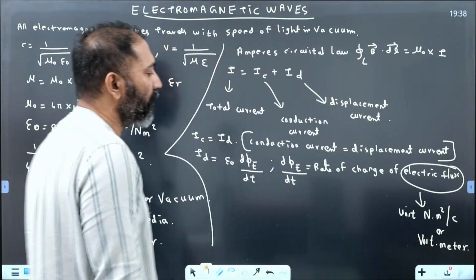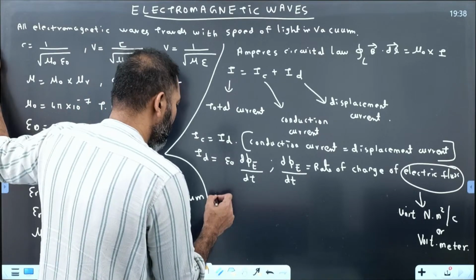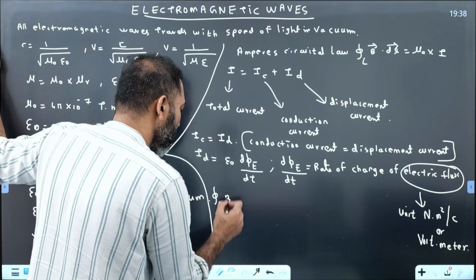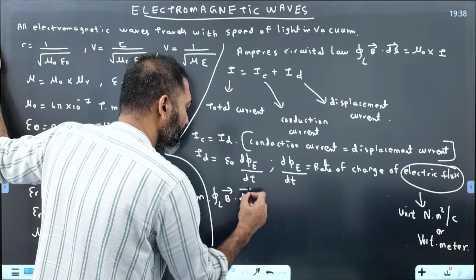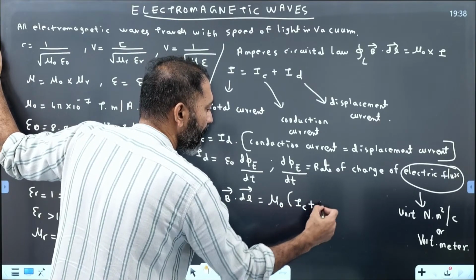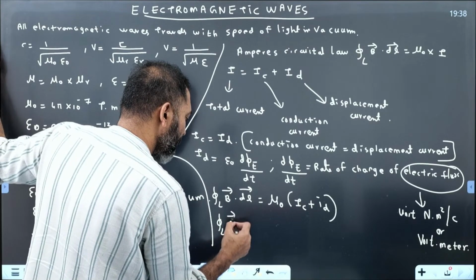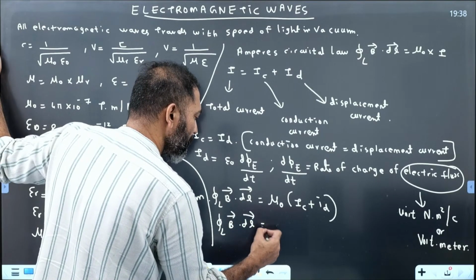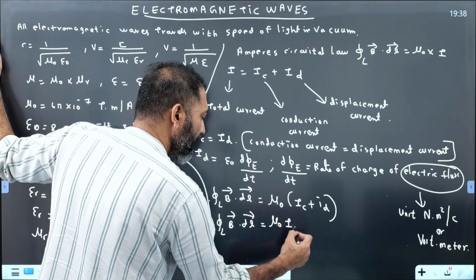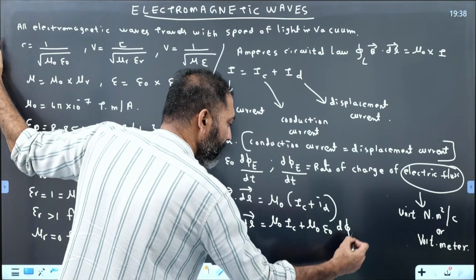So, integral over L, B vector dot dl vector is equal to mu 0 into IC plus ID. That is integral over L, B vector dot dl vector is equal to mu 0 IC plus mu 0 epsilon 0 d phi by dt.